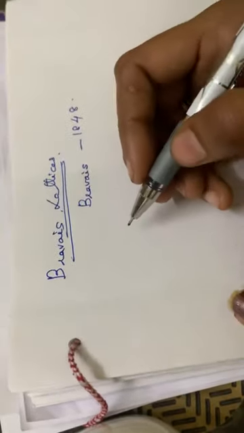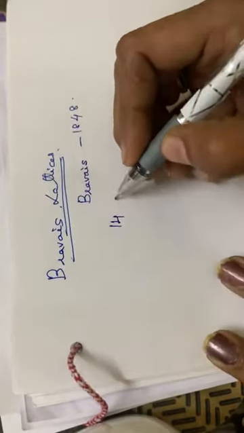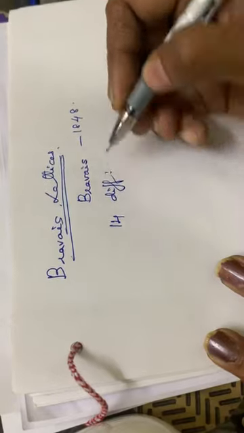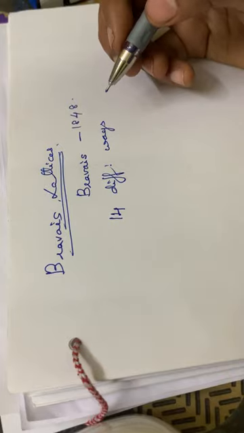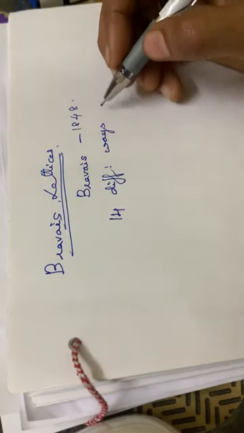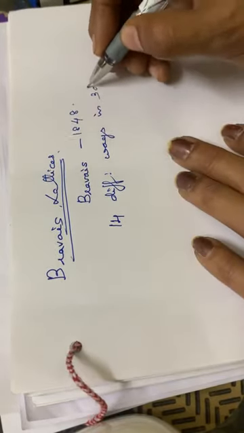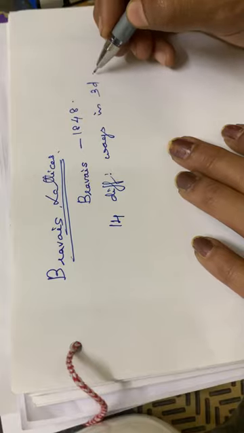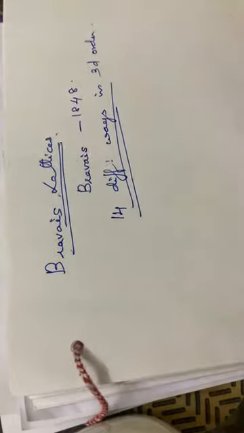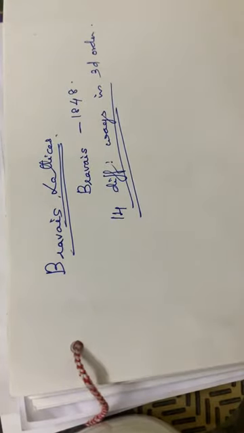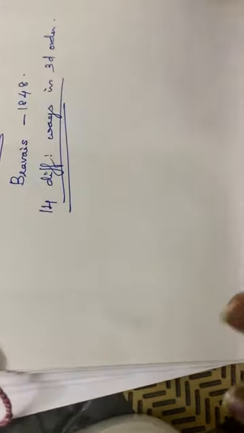said that there are 14 different ways of arranging similar points in a three-dimensional order. That means there are 14 different ways of arranging the 7 basic crystal systems.